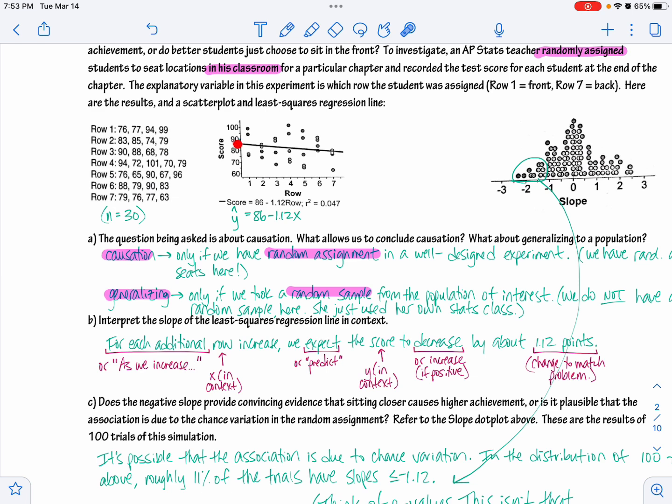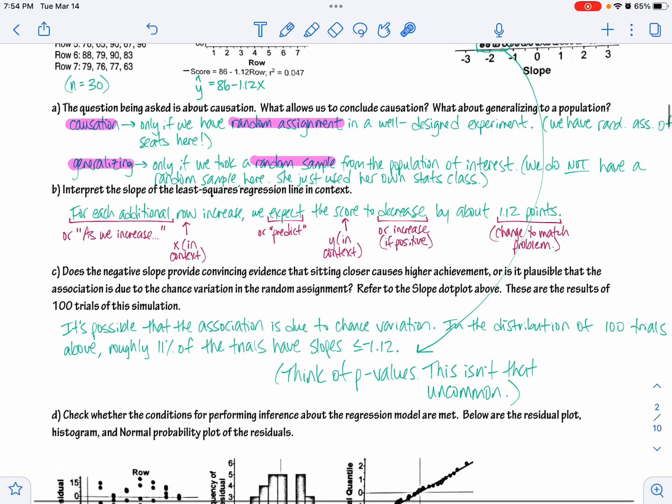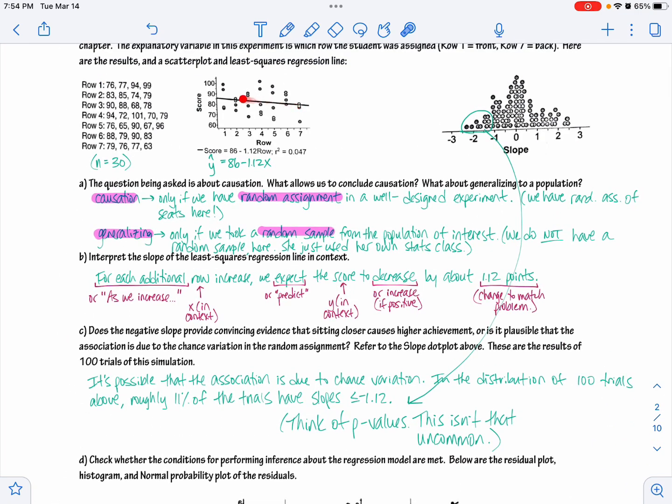In this case we have a negative slope, it's right here, to decrease by about 1.12, and the units on that is points. What that means is if I force a student to move back a row, I expect their score to go down by about 1 point. Do you think that's significant on a test? 1 point? Maybe, maybe not.